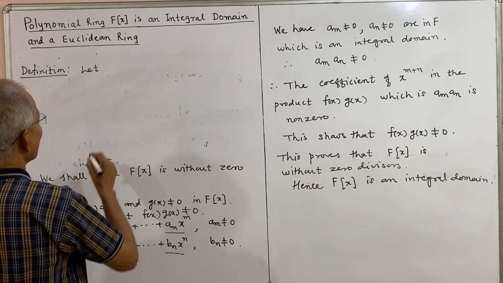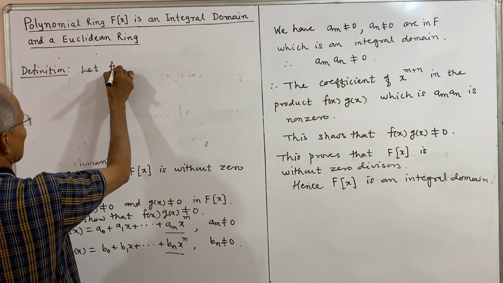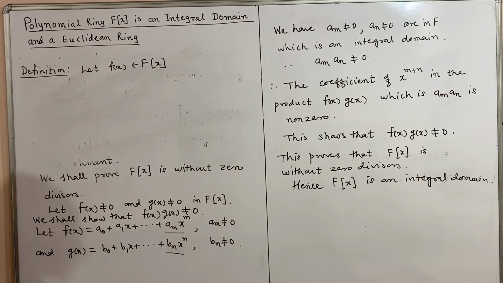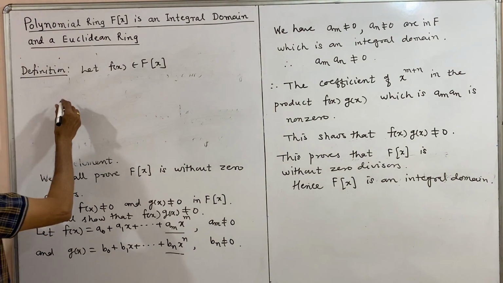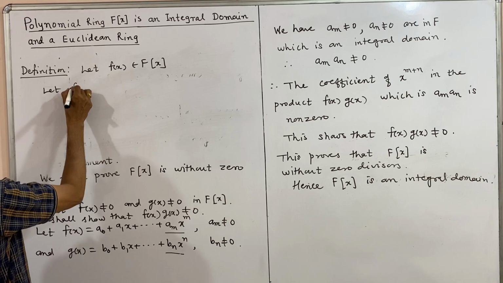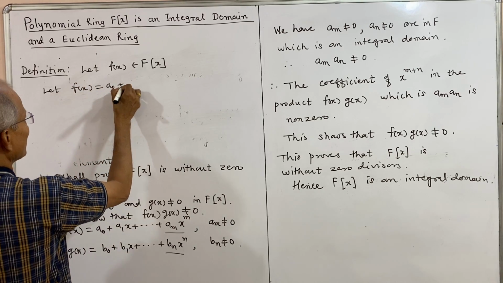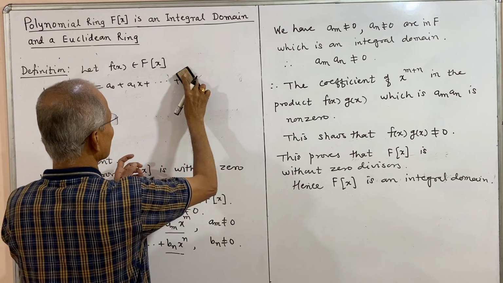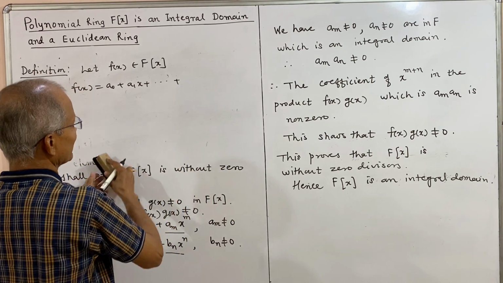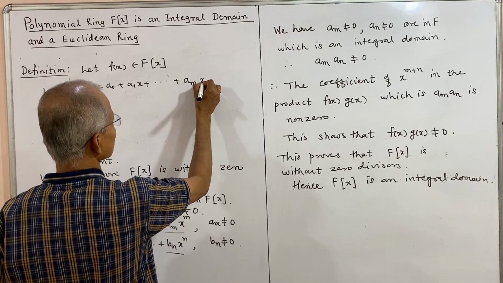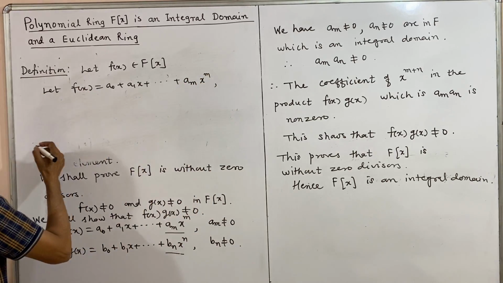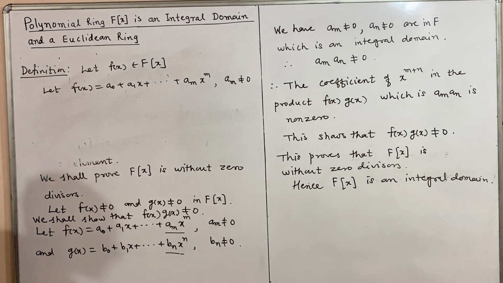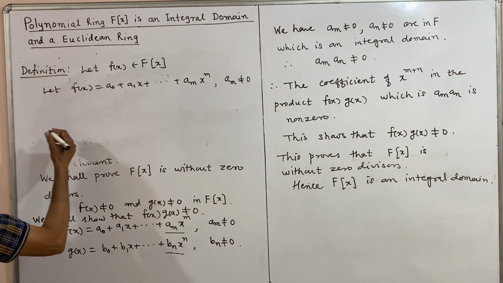Let f(x) belong to this polynomial ring F[x], and let f(x) be a polynomial having these terms, and the last term we can write as a_m x power m, where a_m is not equal to 0 and m is a non-negative integer.